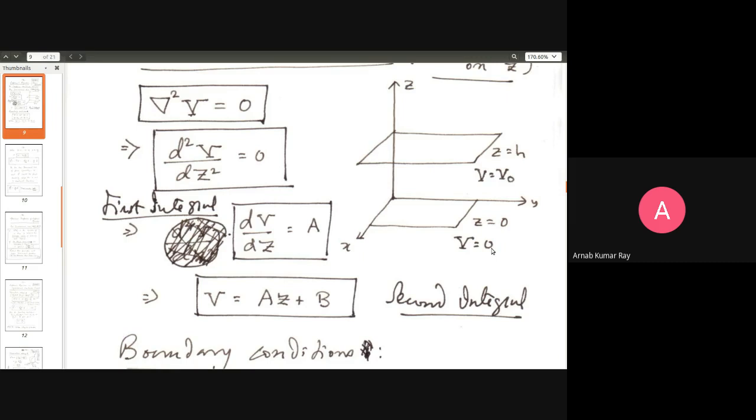What do I mean by additive constant? A constant that you add, such as this thing, plus B. This is an additive constant, whereas A into Z, I'm multiplying A with Z. So A is a multiplicative constant, whereas B is an additive constant. You multiply Z with A, therefore A is a multiplicative constant and B is an additive constant. You add a constant.